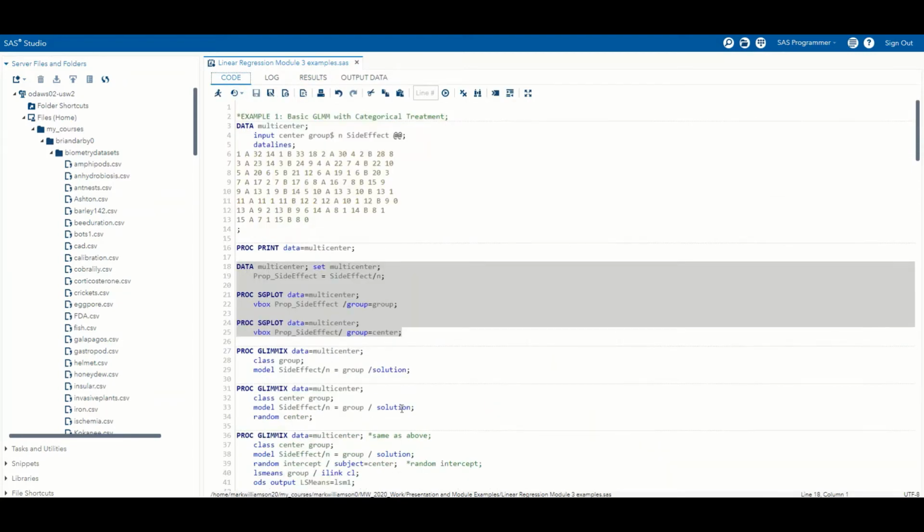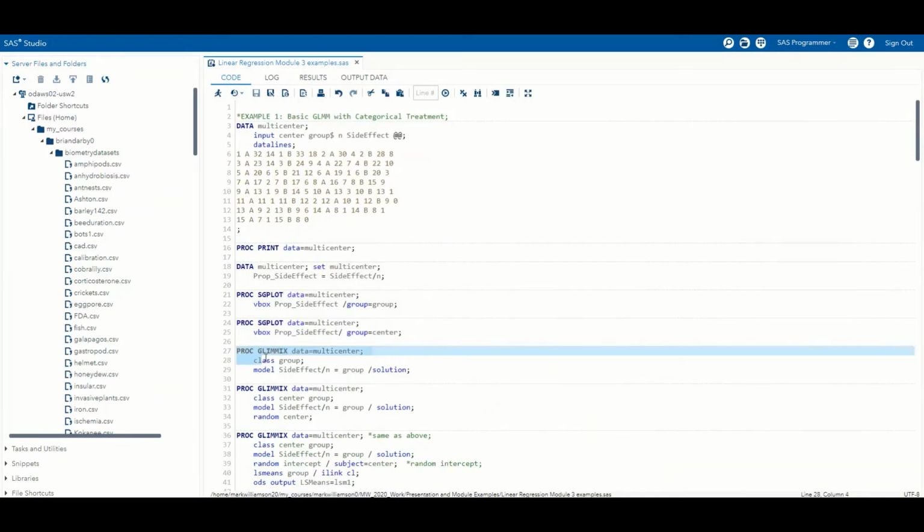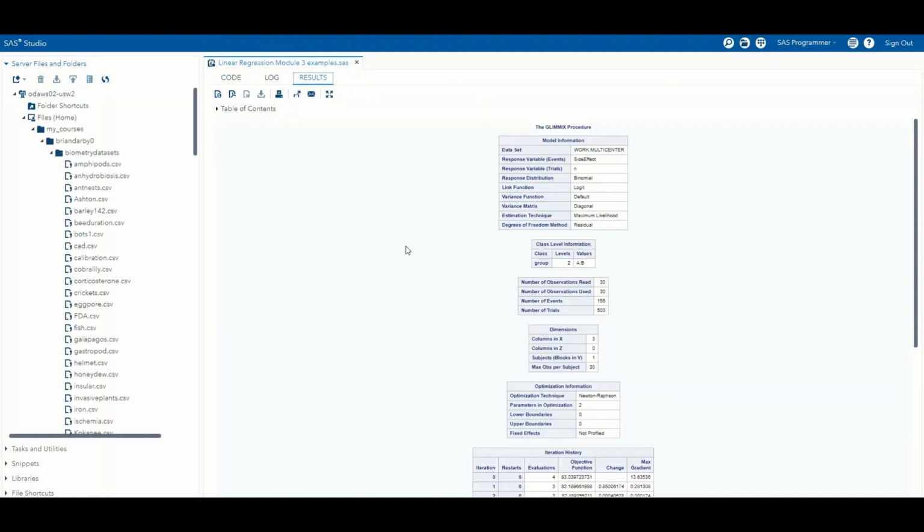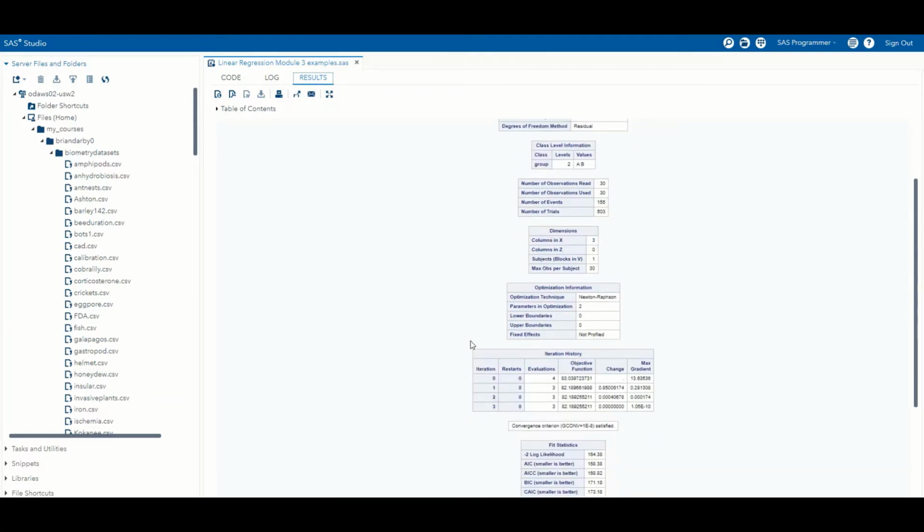So then to run this, we will run a proc glimix. We see here group is a class, and this is just a glimix without any random effects. I always like to start without random effects to see how a basic model would be: fixed effects only. So we run this.